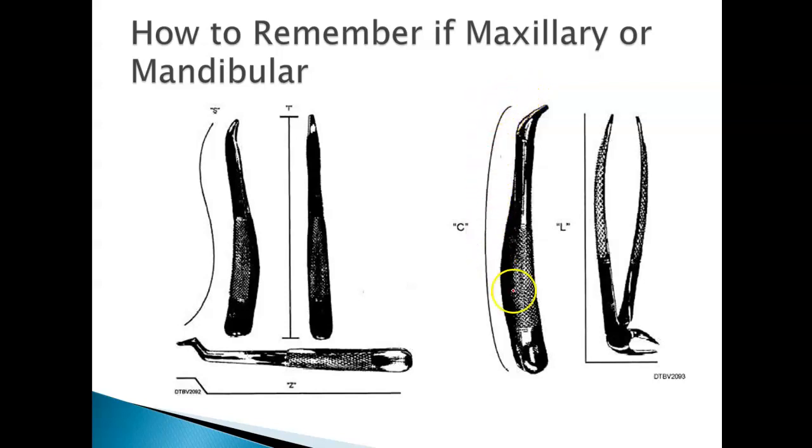Anything that is going to be C-shaped or L-shaped is going to be used for mandibular. So I want you to remember this little tip and trick. It will come in very handy when it comes to having to pull out your instruments depending on what tooth you're going to be extracting. Remember S, I, and Z for maxillary, and C and L for mandibular.